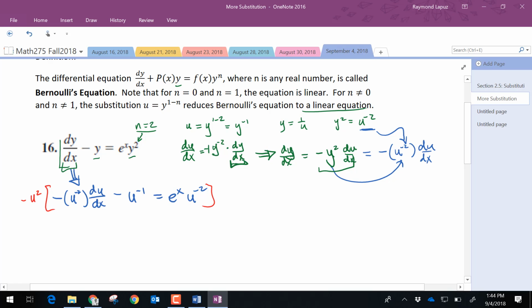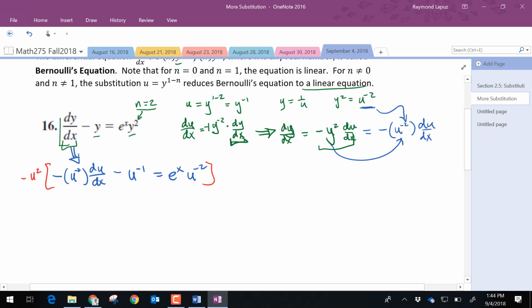So u squared times u to the negative 2. Think about adding the powers. Negative negative is a positive. U squared times u to the negative 1. And then the last term will just be negative e to the x, and the u's disappear.